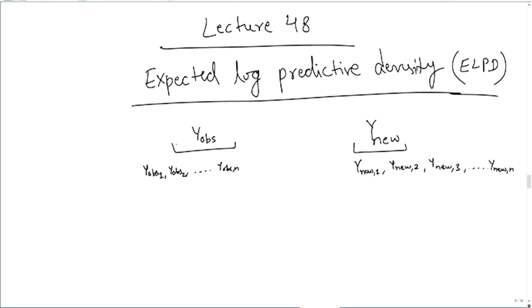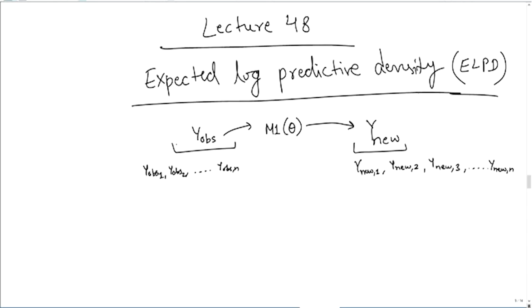The model that we want to evaluate is, let's say, some model M1 with parameter theta. We are going to train the model using this data y obs, and then test how good the model is at predicting this future data y new. That's our goal.